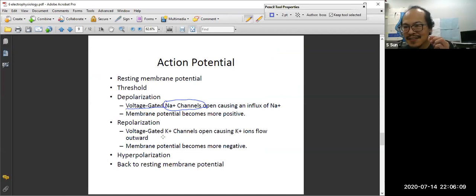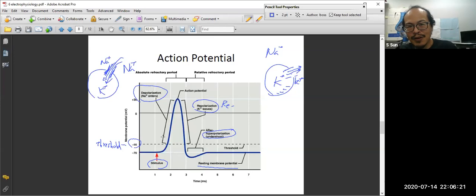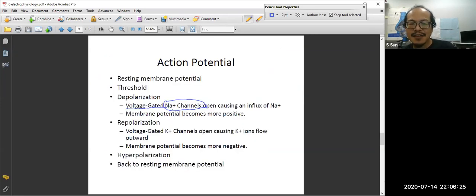Only if it's a little bit higher than the threshold does it open. Sodium flows in, increasing the membrane potential to generate this depolarization. And then it closes, followed by repolarization. It's again a voltage-gated potassium channel.